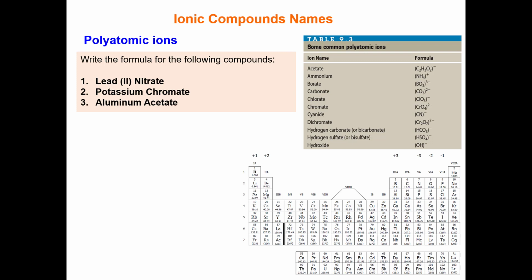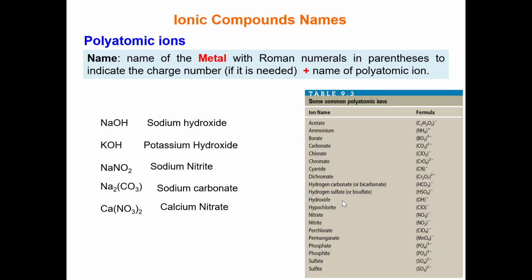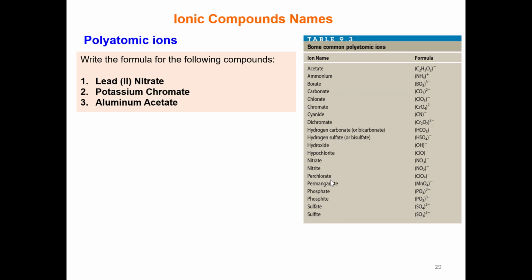Lead we know is 2, and then we have nitrate. Yes, lead nitrate. Let's go back here, and we have this polyatomic ion. Let's start writing the equation for number 1.